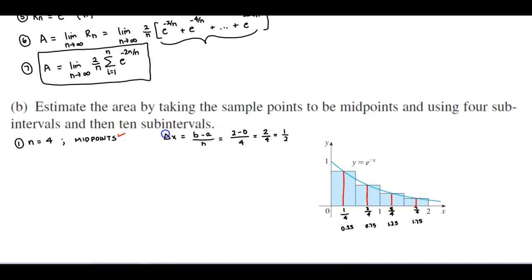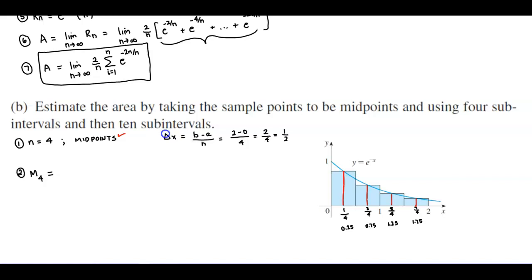Okay, so if we want to represent this as the midpoint, and we'll put M4 since we're using 4 rectangles, what that's going to equal is the following. We're going to take 1/2, right?